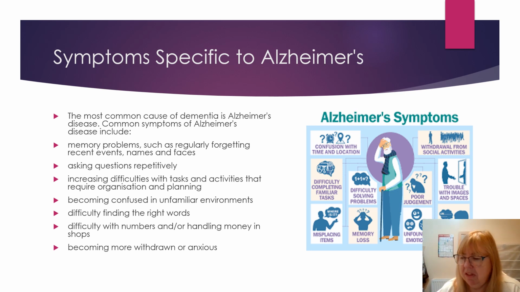Like if you give them a simple maths problem, not a complex one, but a simple one that you should be able to do, mental arithmetic, they may struggle with that. So that's why handling money is often an issue. They might be able to do the sums. The result of this, they might become more withdrawn and anxious because they feel that things aren't quite right.